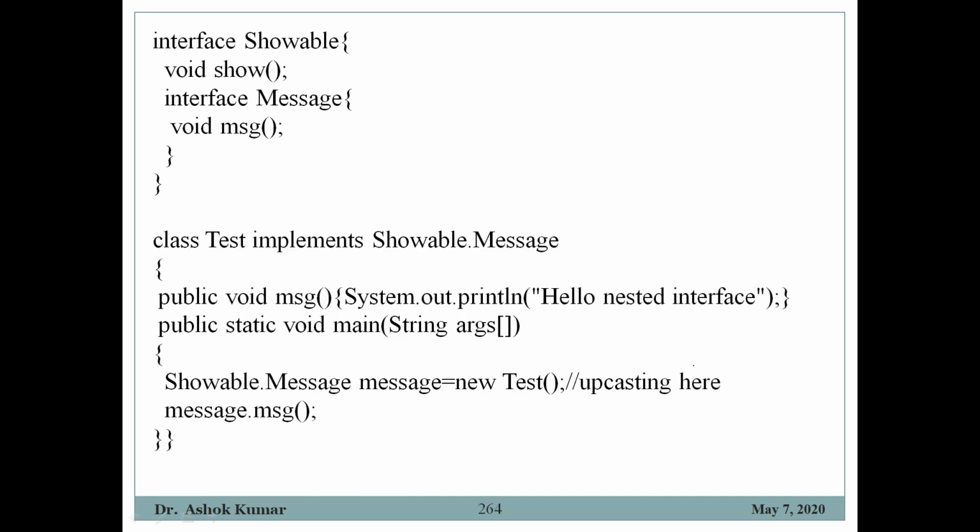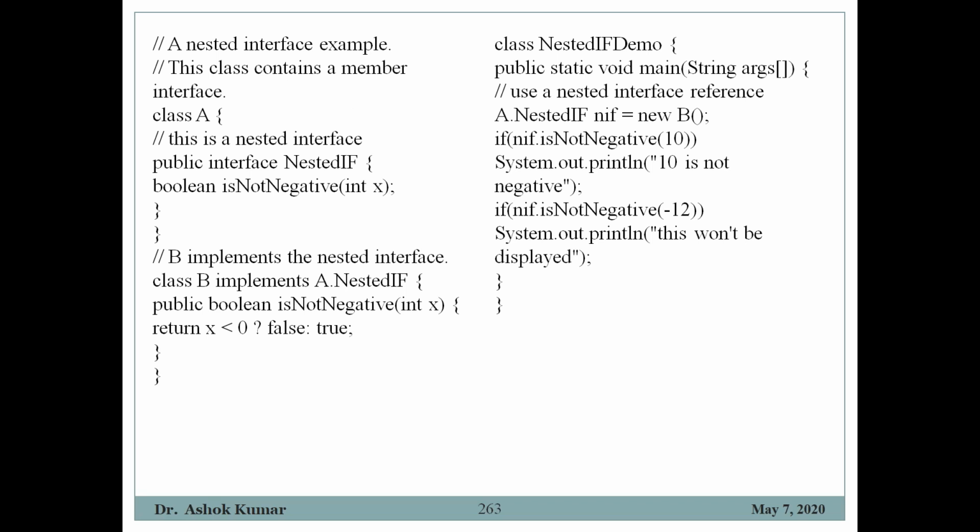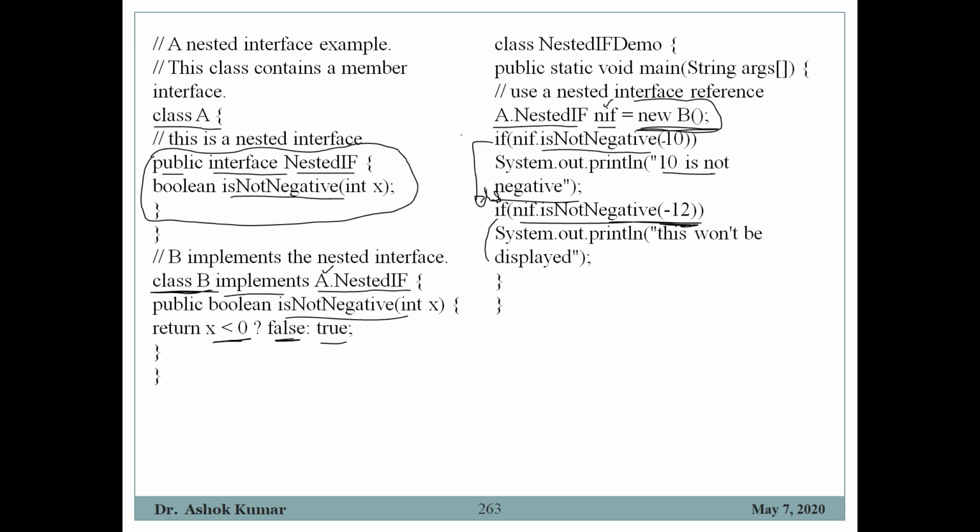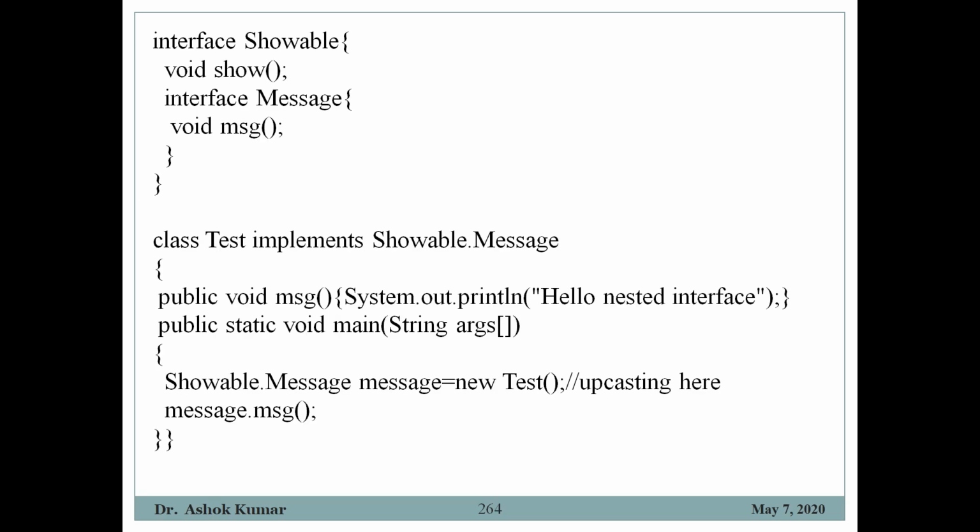Then the next example is, so this is the case of nested interface we discussed in this slide. The next slide is, now we have a nested interface that is defined inside another interface. So in the previous example, we nested an interface within a class. Now we are nesting an interface within another interface.